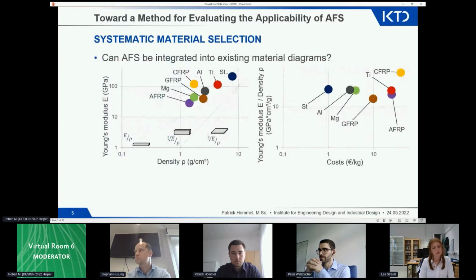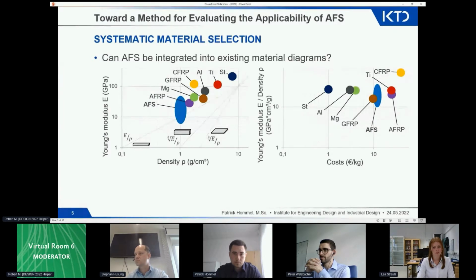Now, the obvious step would be to include AFS in these diagrams. To a certain level, this can be done, but it is not possible for all diagrams, because not all material properties of AFS are known. If you now look at these two diagrams, the corresponding properties are partially known, so a new diagram with AFS could look like this. However, there are some challenges here as well.